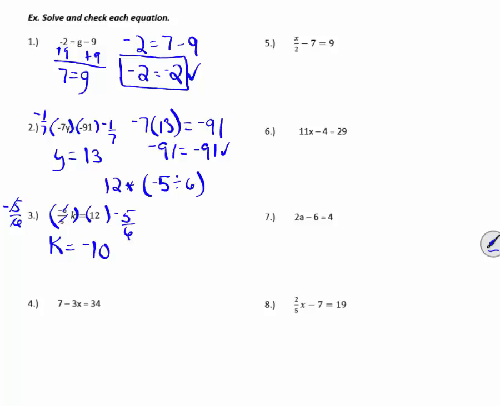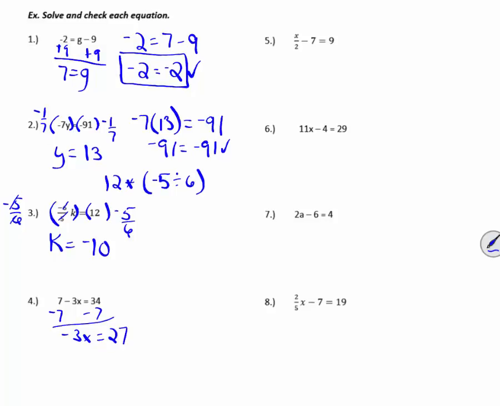All right, number 4. So number 4 is the start of our 2-step problems. You have to make sure that you are showing or taking the sign of what's in front. So here I have to cancel the 7 first. It's positive, so I'm going to subtract it to get -3x. 34 minus 7 should give me 27.